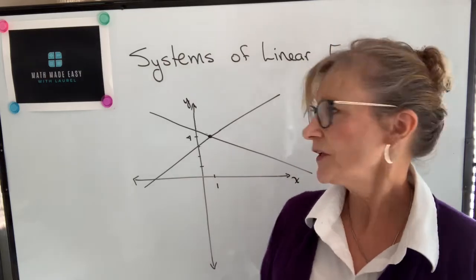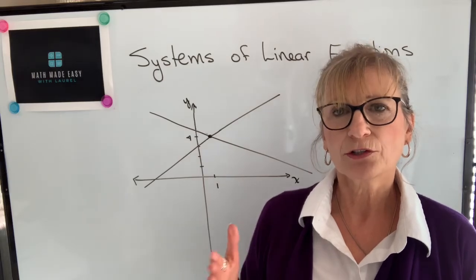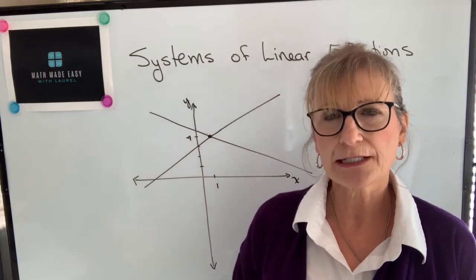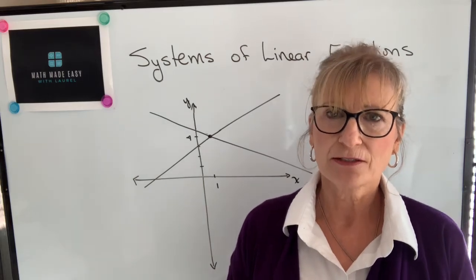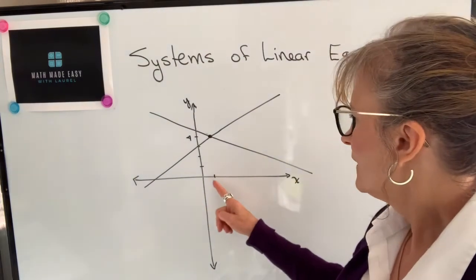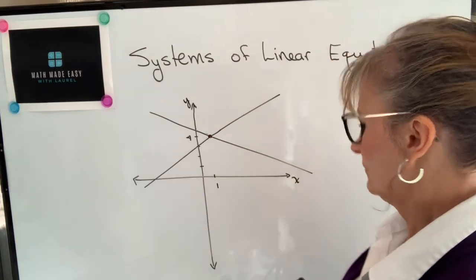So if we were to think of that in terms of a graph, if we were to draw the two linear equations, which would both be straight lines, what we would be looking for is the point where they intersect. So from this example, you can see that they intersect at the point (1, 4).